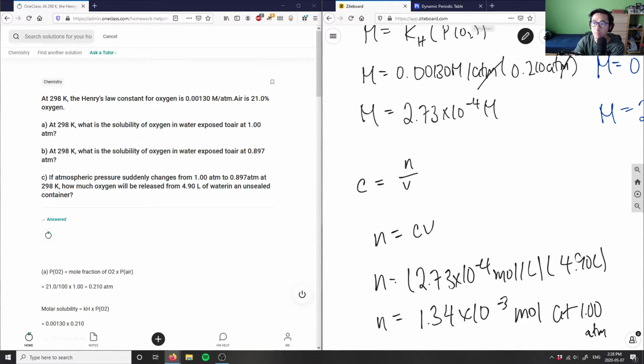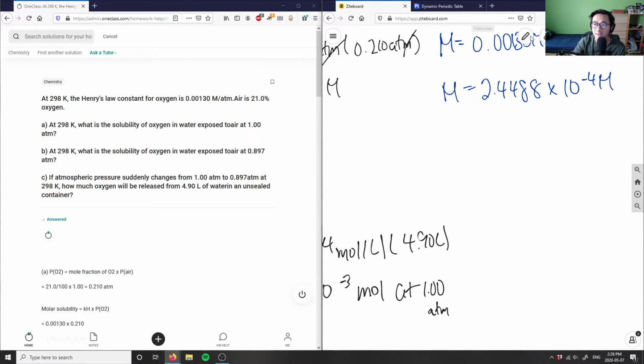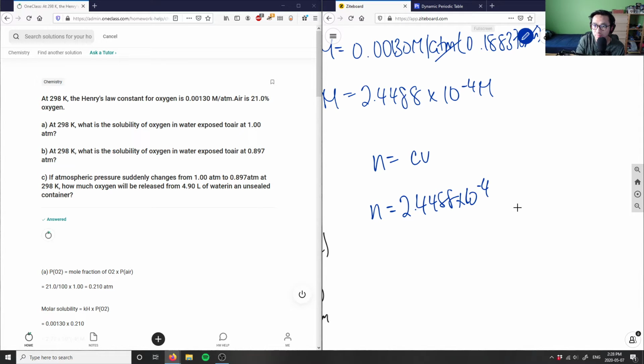Then I can do the exact same thing for 0.897. Again, moles equals C times V. So moles is 2.4488 times 10 to the negative 4, which was moles per liter, times a constant volume of 4.90.